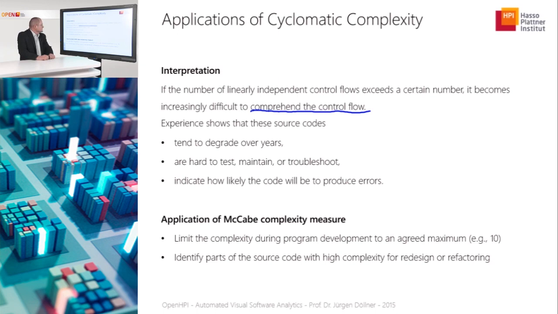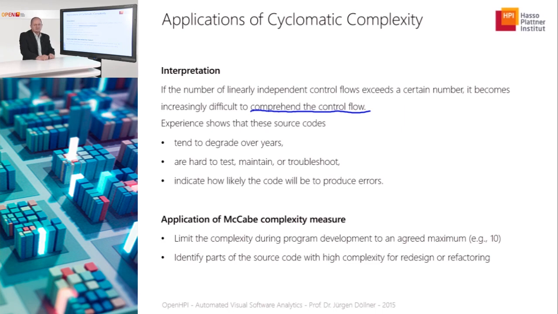Taking into account these characteristics, the application of cyclomatic complexity or McCabe complexity measures includes that we can limit the complexity during program development to an agreed maximum, for example 10, but it depends on the project and maybe on internal rules what is considered the maximum of cyclomatic complexity.